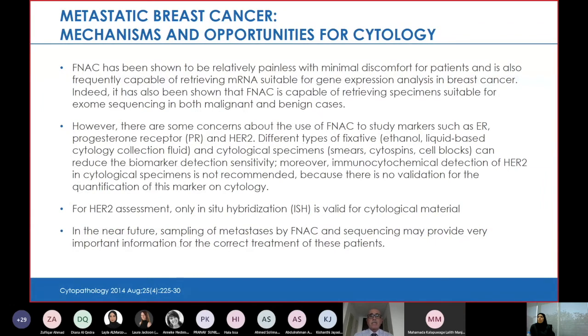And for HER2 assessment, only in situ hybridization is valid for cytological material. But as these methodologies are more and more commonly used, we will certainly see an increased use of molecular validation on cytological material.